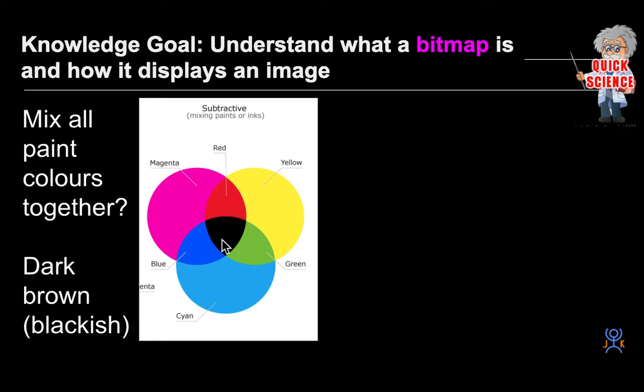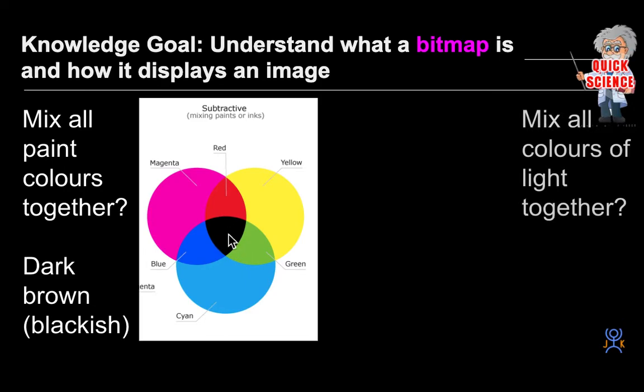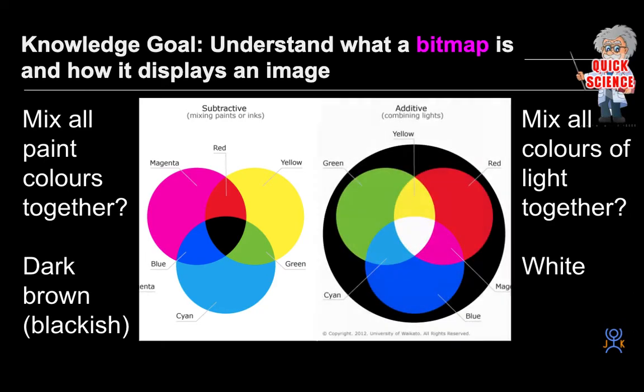If you mix all the colours of light together, so red light, green light, blue light, what colour would you get? Yep, it's white, and that's that area in the middle.